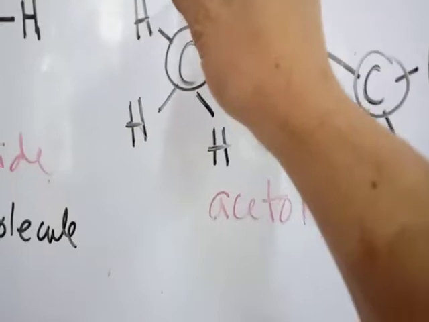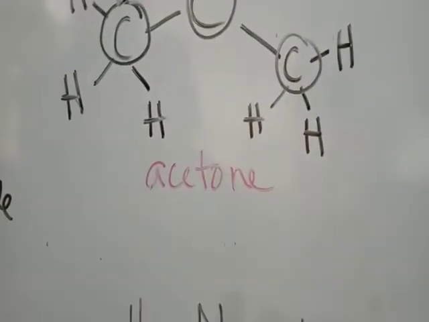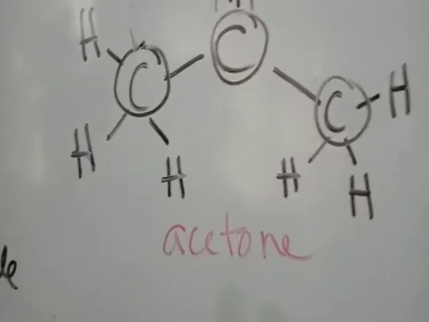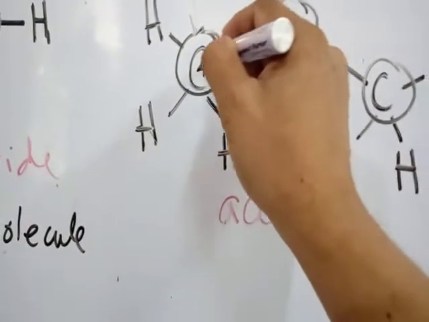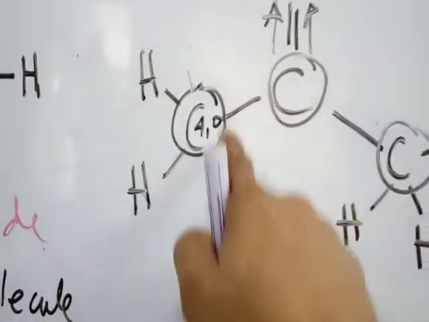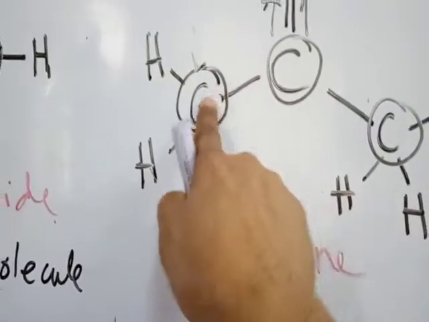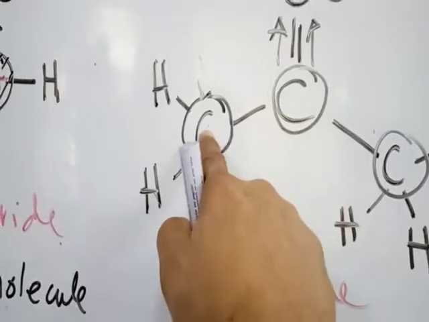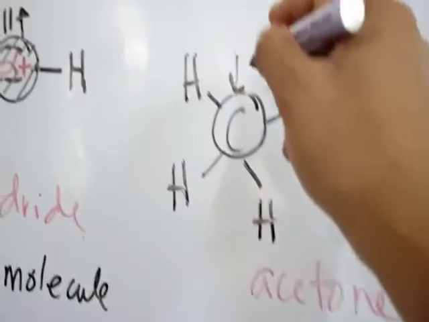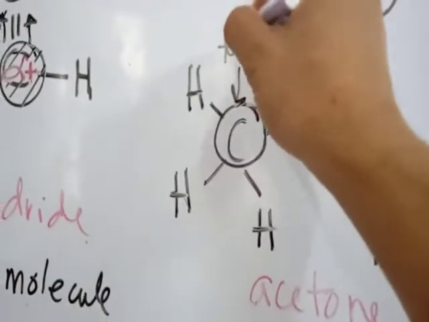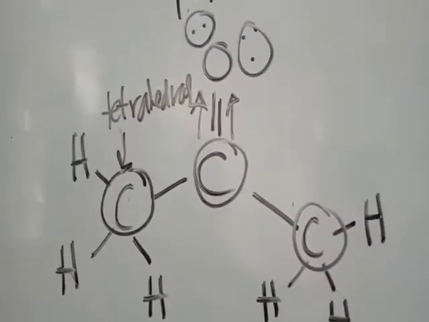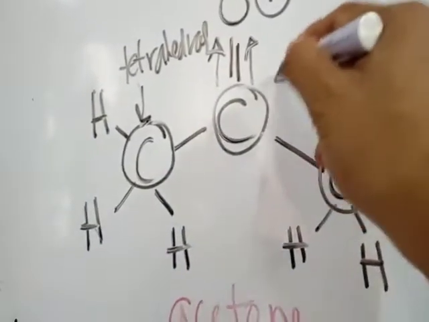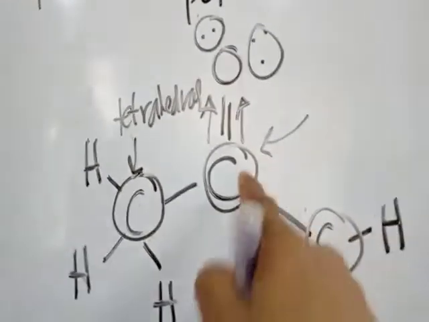What is the geometric shape of this? This is 4 and 0. 4 attached groups, 0 lone pairs. So this is tetrahedral. This one is 3 and 0, 3 attached groups, 0 lone pairs.